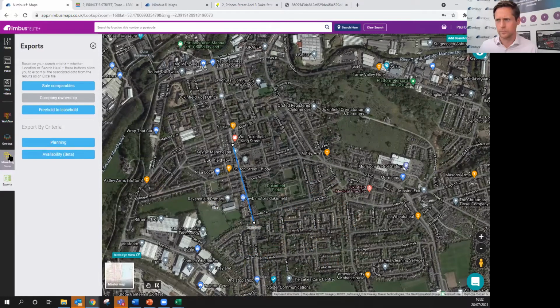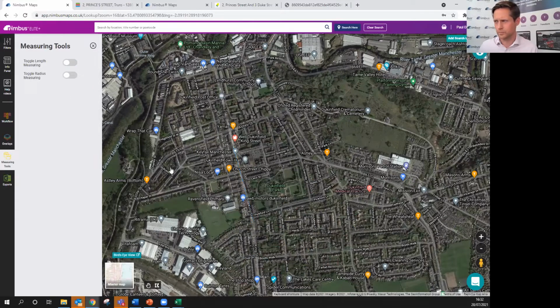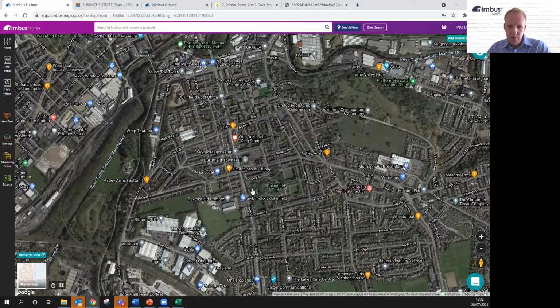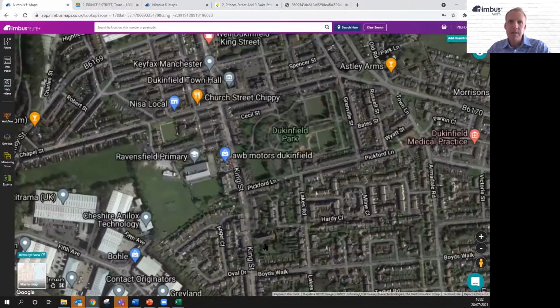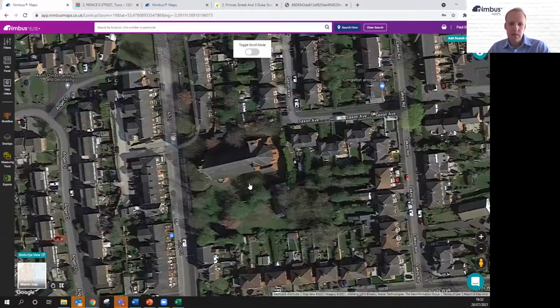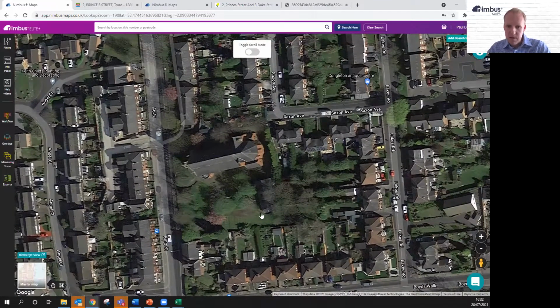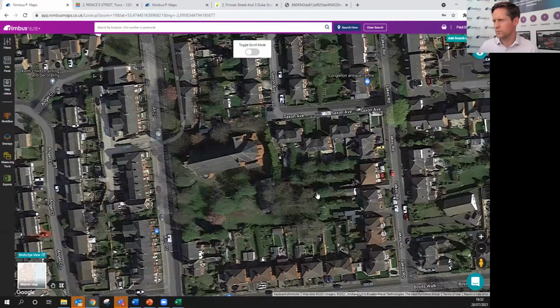So you are not only talking about knocking down that building, but even getting an access in down the side. You could then maybe get access to two or three of those rear gardens on that eastern edge, where you might get another unit or two in the back of there. So I think there's lots of opportunity with it, but a lot of risk involved, and therefore you've got to caveat that in the deal.